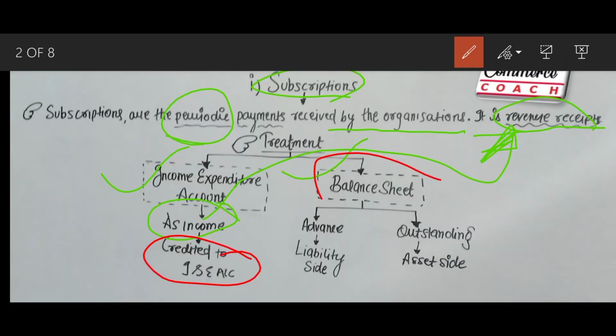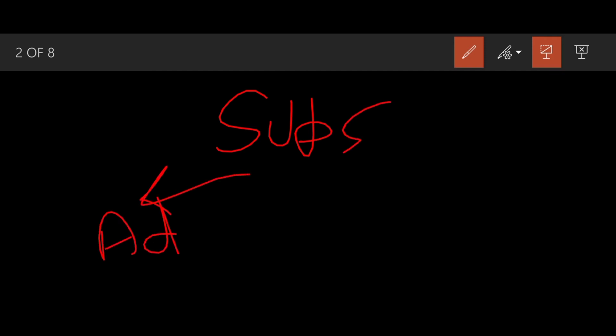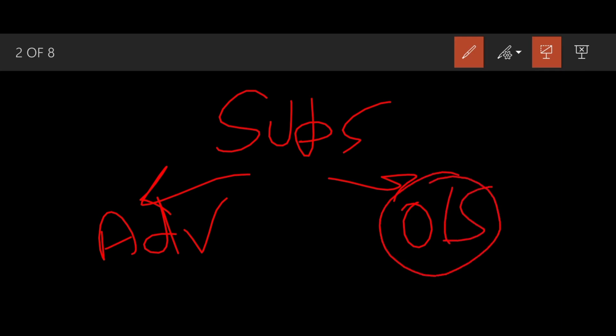And also in balance sheet, see, there are two possibilities for subscriptions. It can be a subscription received in advance. So there are some members who pay their subscription fees in advance, and there are some members who do not pay subscription fees on time, and it becomes outstanding. So for these two terms we have separate treatment.